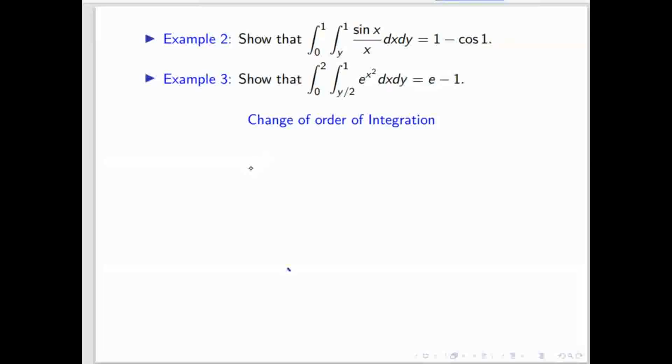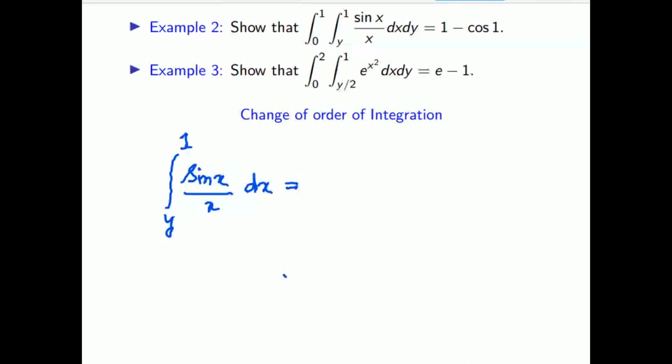So I am going to integrate this sin x by x first, and then we have to integrate with respect to y and apply limit 0 to 1. As you are suggesting, integrate by parts. So let us apply the integration by parts here.